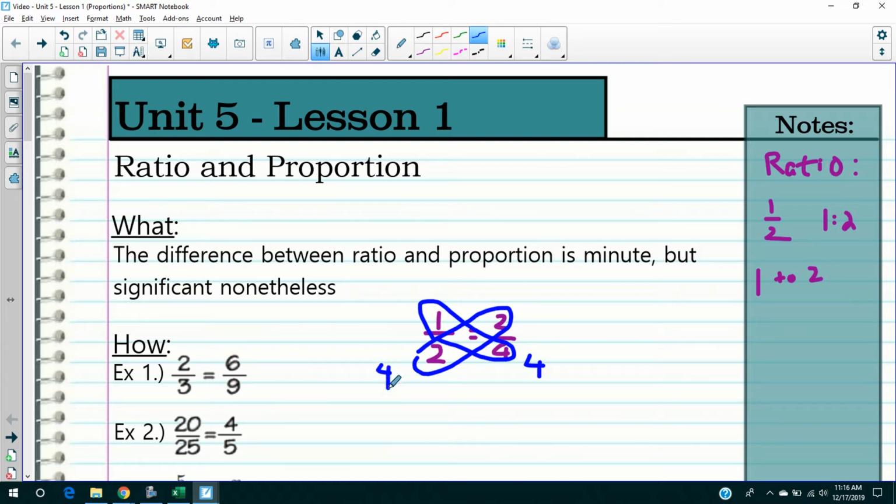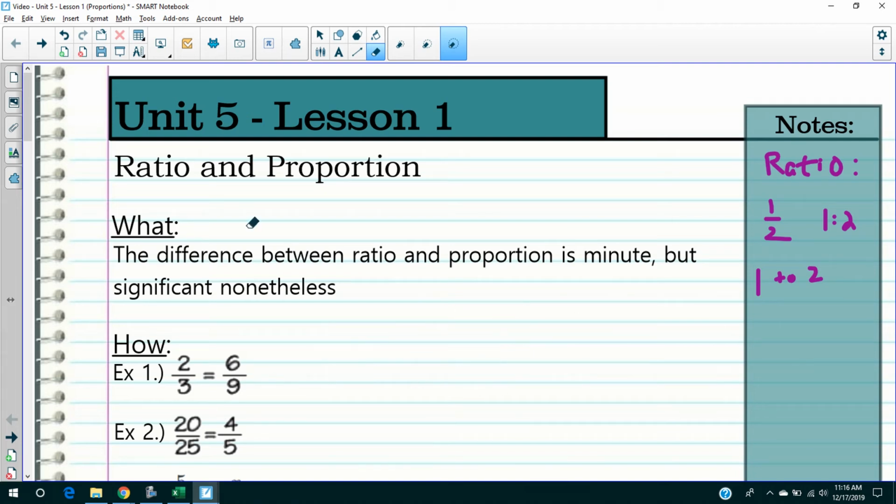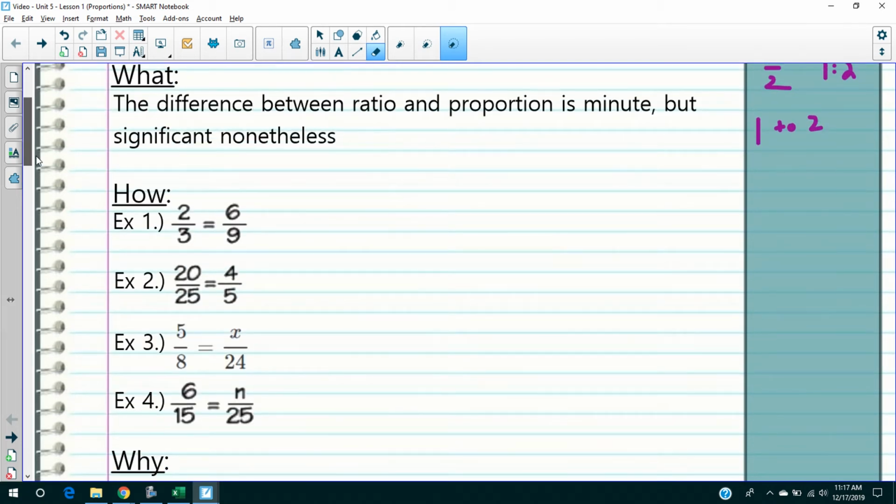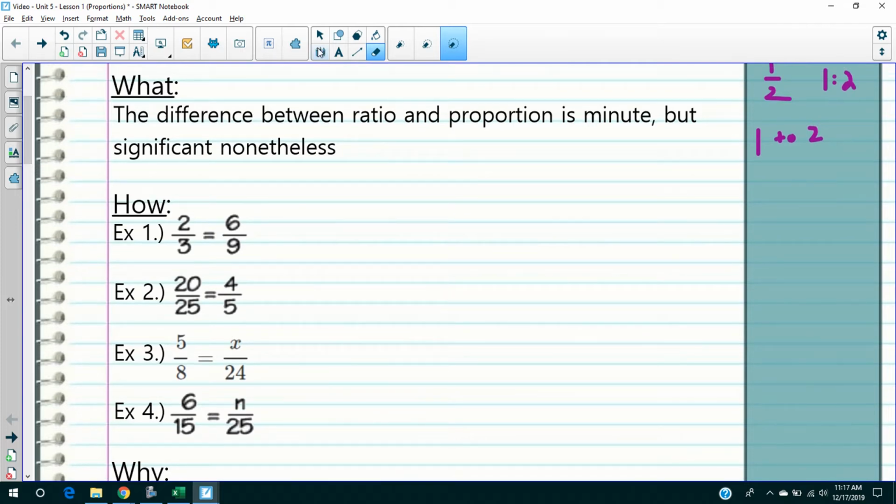Is 4 equal to 4? Yes. So are they in proportion? Yes. The two ratios are in proportion. In other words, the two ratios are equal, or the two fractions are equal. You see how these words are used fairly interchangeably? I need you to be able to use these words interchangeably and know that they mean the same thing.